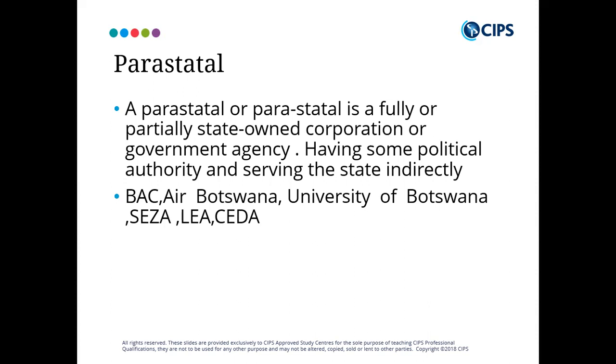So the examples: University of Botswana. We all know they have private chancellors. They operate as a private entity, and at the same time, it serves the Botswana education system. Air Botswana as well. It's partially privately owned and partially government owned. Now Debswana as well.